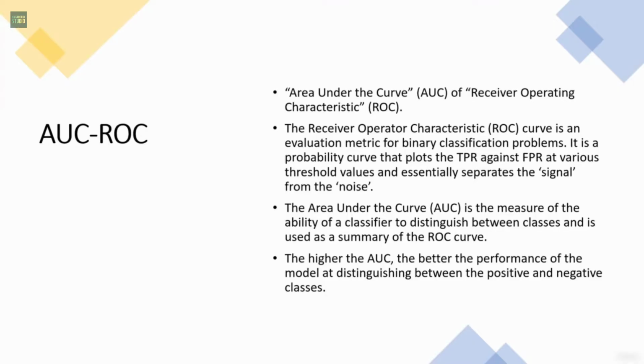The area under the curve is a measure of the ability of a classifier to distinguish between classes and is used as a summary of the ROC curve. So the higher the AUC value, the better the performance of the model at distinguishing between the positive and the negative classes.